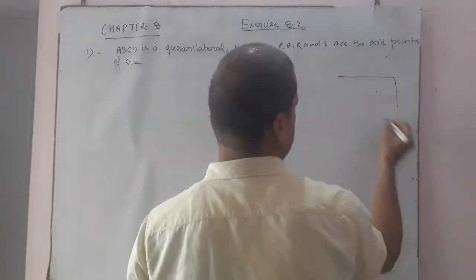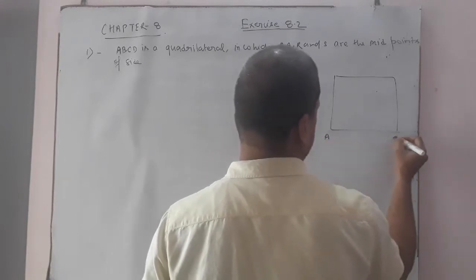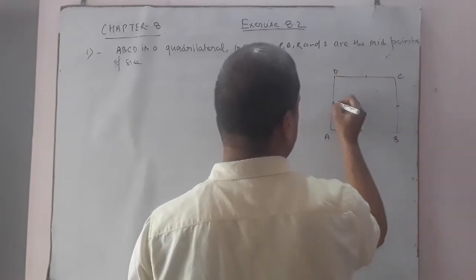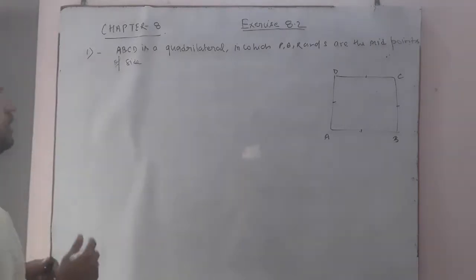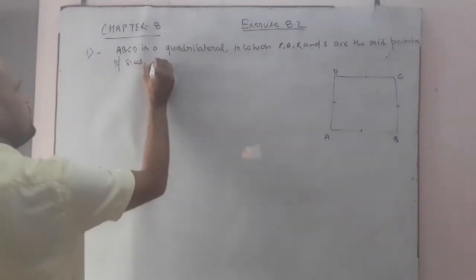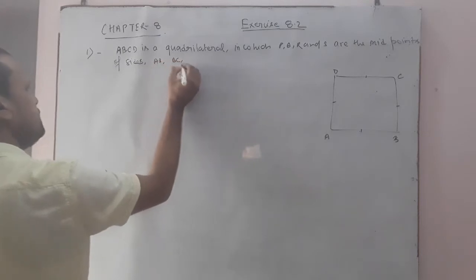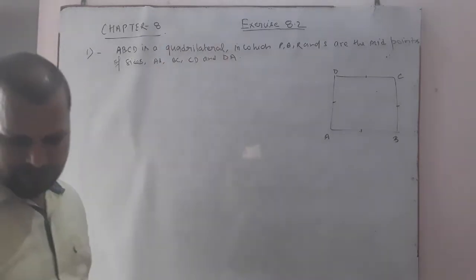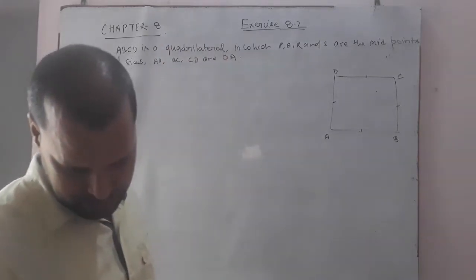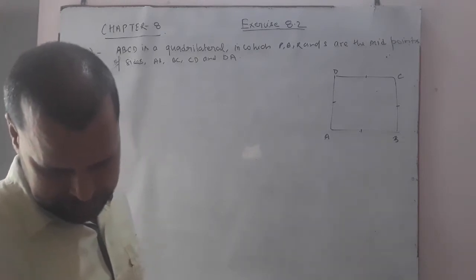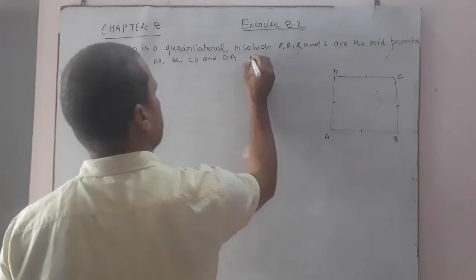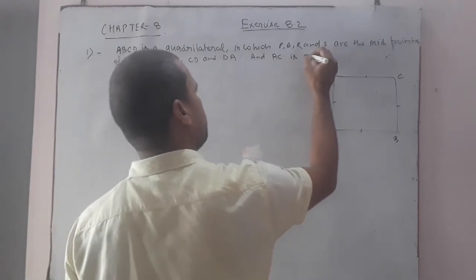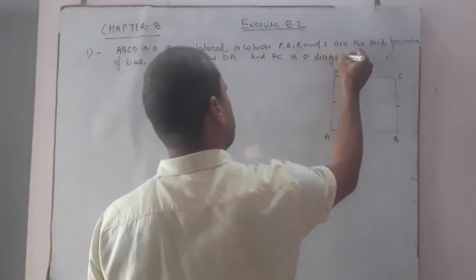First of all, see, this is ABCD, and P, Q, R, S are the midpoints of the sides AB, BC, CD and DA. AC is a diagonal.